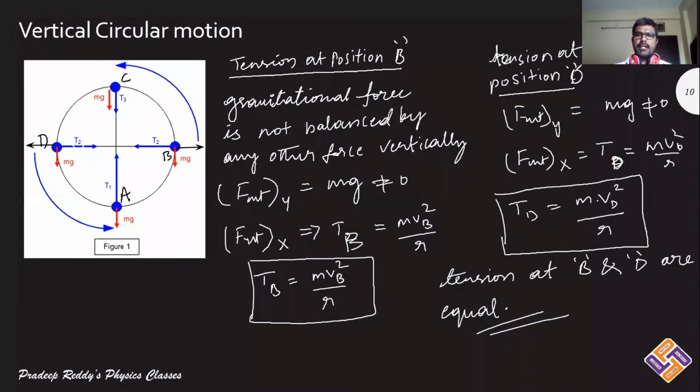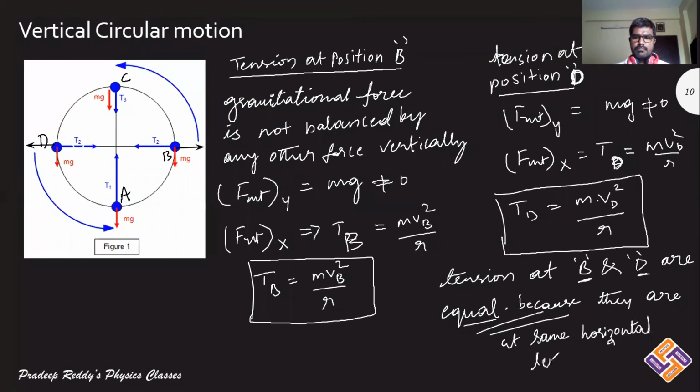Here we are finding tension at D, not tension at C. This is tension at D. So tension at B and tension at D are both equal because they are at the same horizontal level.